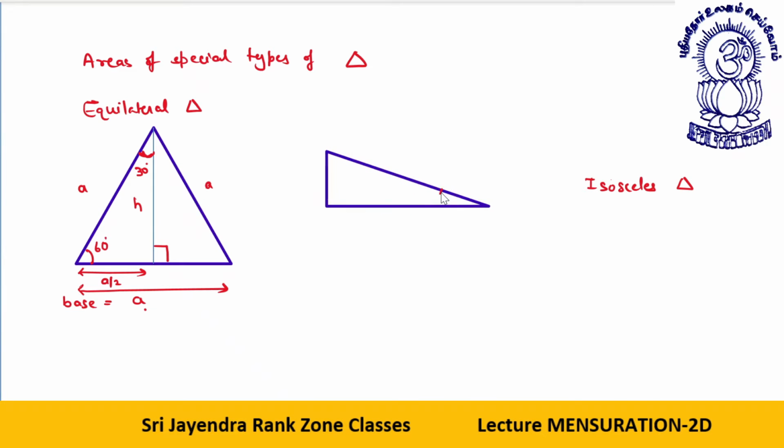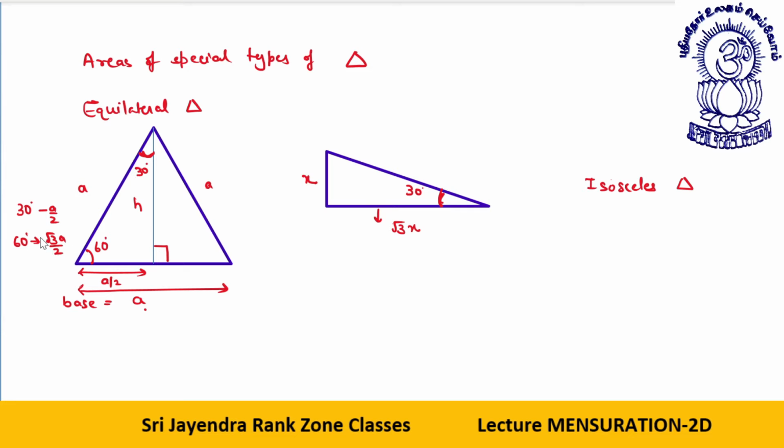Suppose you have a 30-degree angle. If this side is x, then the side along with the 30-degree angle is root 3 x. In front of 30 degrees you have A by 2. So in front of 60 degrees you will have root 3 into A by 2.